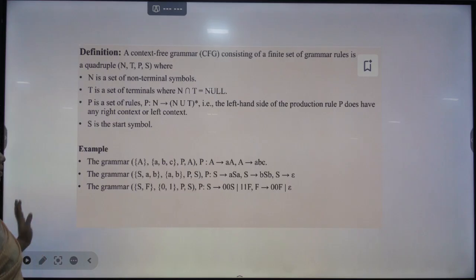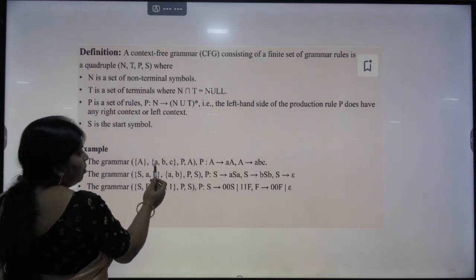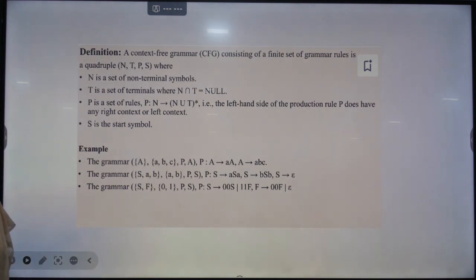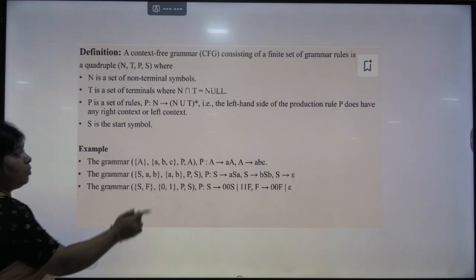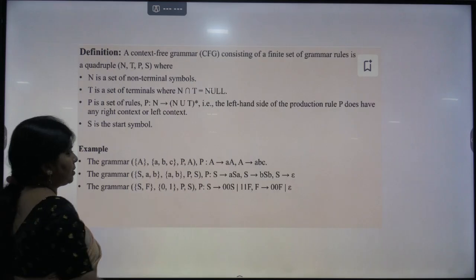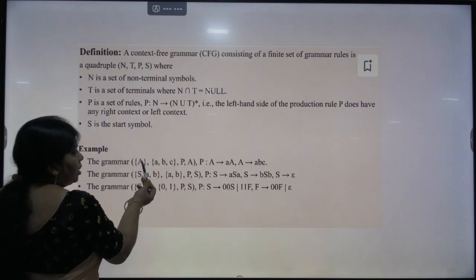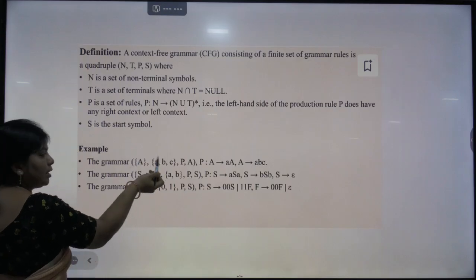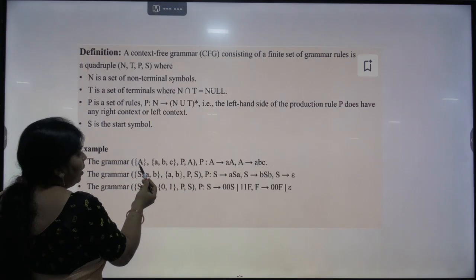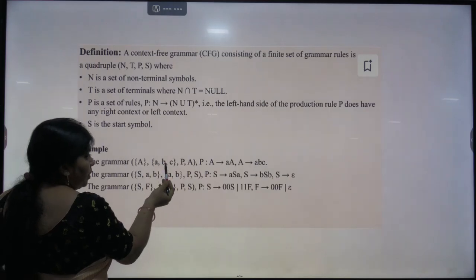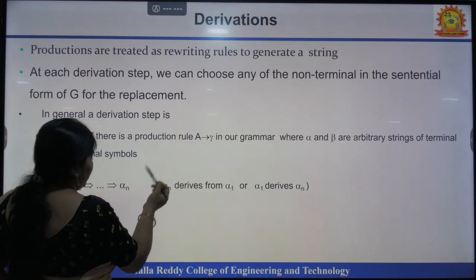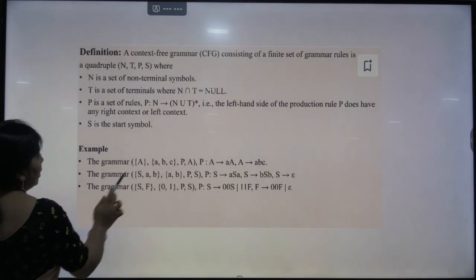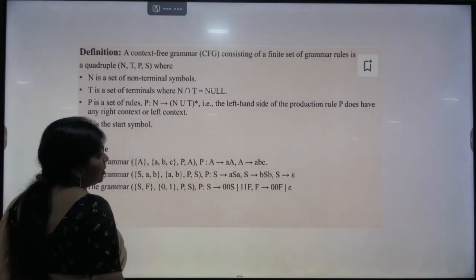So for example, if the grammar is like A, here A is a non-terminal. Every time, non-terminals are represented by uppercase letters, and terminals are represented by lowercase letters. We may have a set of non-terminals in the grammar, then terminals, productions, and the start symbol.